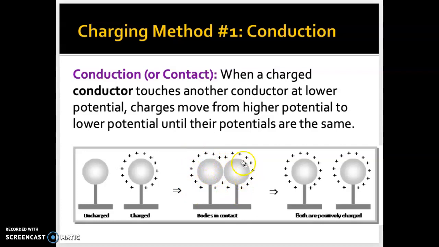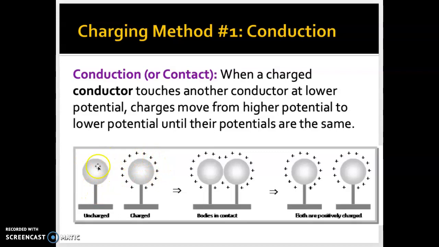Now this makes it look like they have more than they started with, but it should be the same total excess charge, split between both of them. And then when you take them apart, now they're both charged. What's really happening is not that positive charges are flowing from here to here, because the protons don't move. What's happening is that the electrons on here are flowing over to here, and what's left is positive.